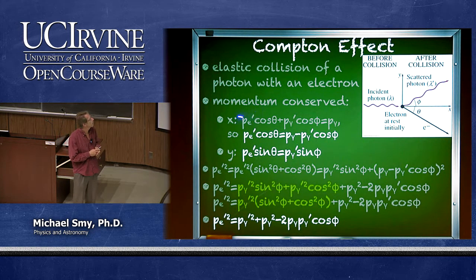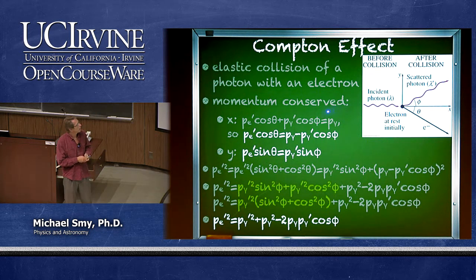And for the momentum, we have 2 components, the one in the direction of the incident photon and the one that is perpendicular to the incident photon. So let's assume that this scattered photon makes an angle of phi with the incident direction and that the electron, which is initially at rest, makes an angle theta.